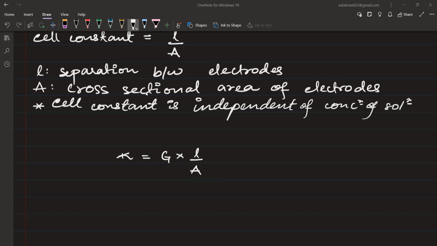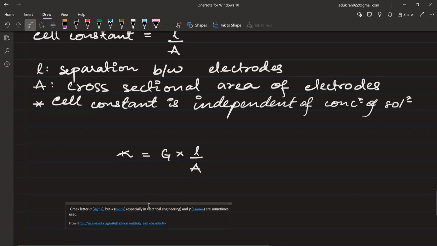There are 2 signs. I need to increase the size here.